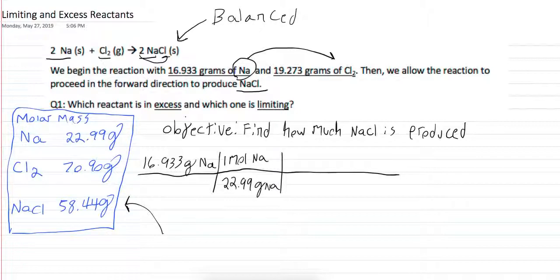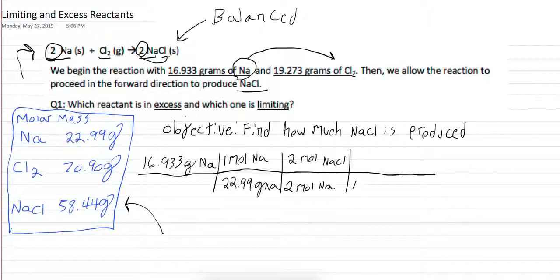And now, looking back at our lovely balanced equation, we compare the stoichiometric coefficients. We know we need 2 moles of Na to produce 2 moles of NaCl, our product. So for every 2 moles of Na, we produce 2 moles of NaCl. Now I recommend taking this one step further and putting it into grams. It will be useful later.